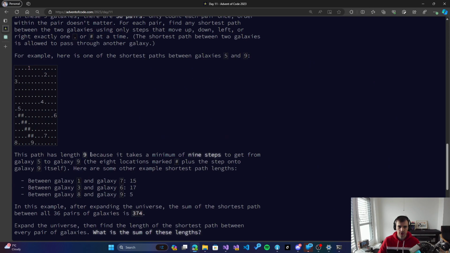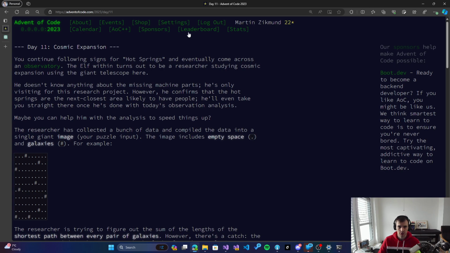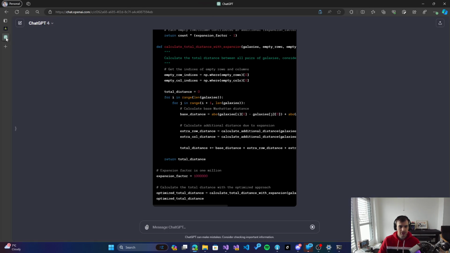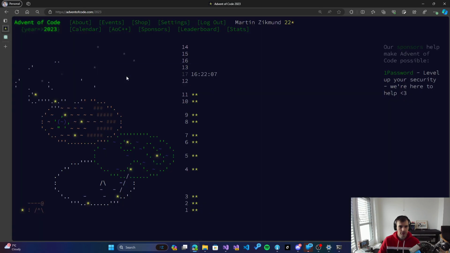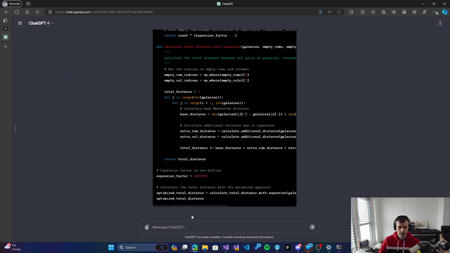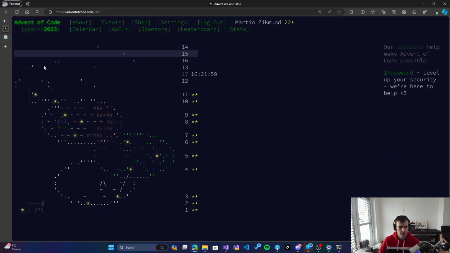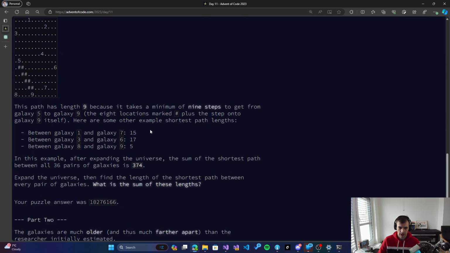So yeah, even though this problem was relatively easy to solve by hand, ChatGPT does have problems here. Even though it did solve the first part of the problem, it was quite problematic and it needed help.